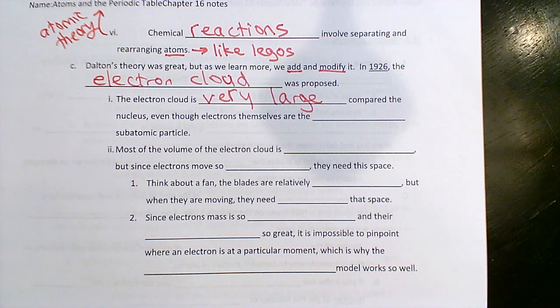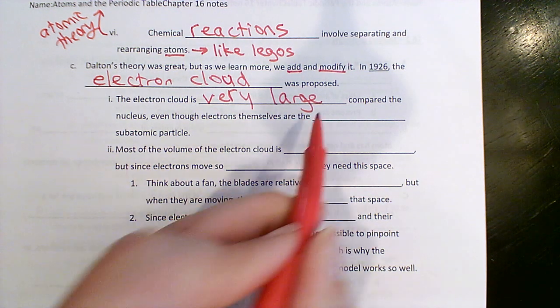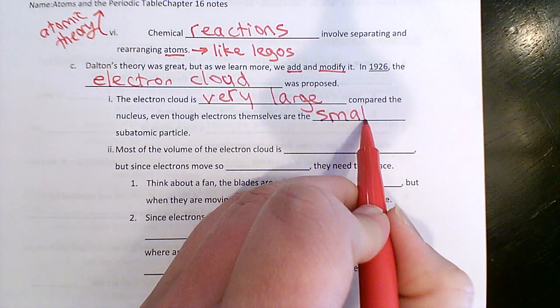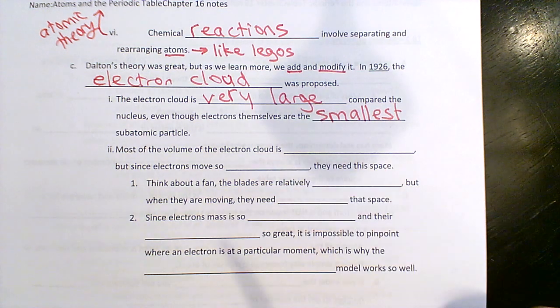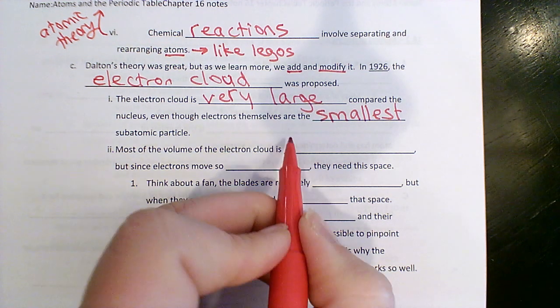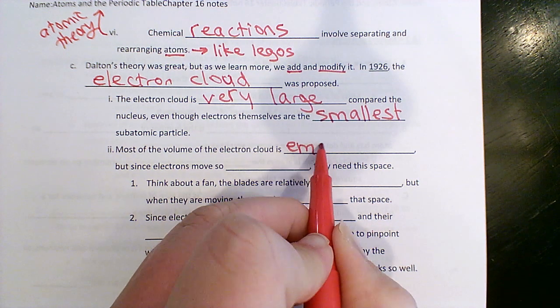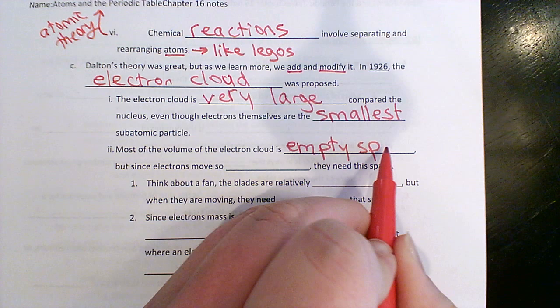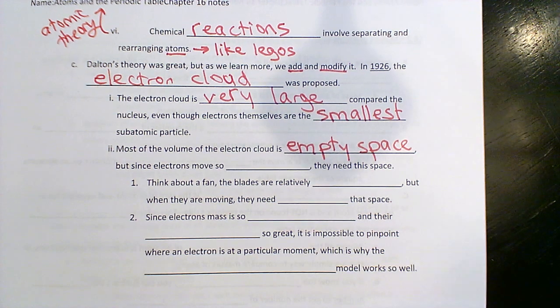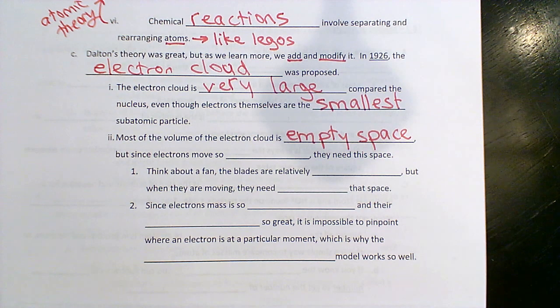Even though the electrons themselves are the smallest by a lot, remember that it takes 2,000 electrons to come up to the size of 1 proton or 1 neutron. So most of the volume of the electron cloud is empty space, meaning there's nothing there really. If I could freeze time, and the electrons stopped moving, the electron cloud would be mostly empty.